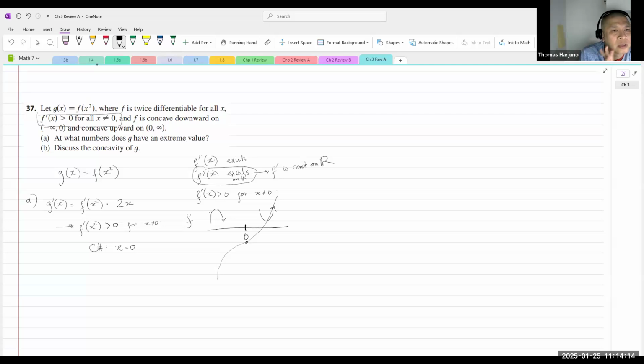Okay, at what numbers does g have extreme values? The way they say it, they use the word numbers. So is there more than one though? I don't see reasons.